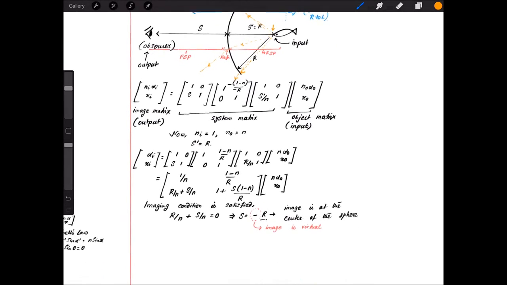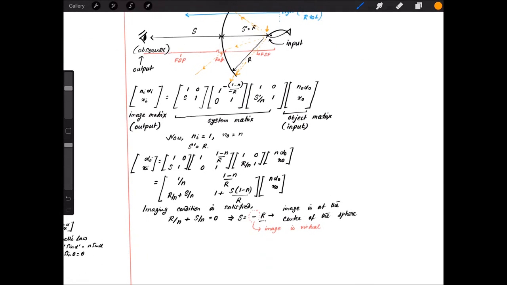But this will be a virtual image because the light rays did not actually converge at that point. It formed a virtual bundle of rays coming to a convergence at one point. Hence the image is called virtual, and mathematically this is shown by the negative sign in front of the image distance.